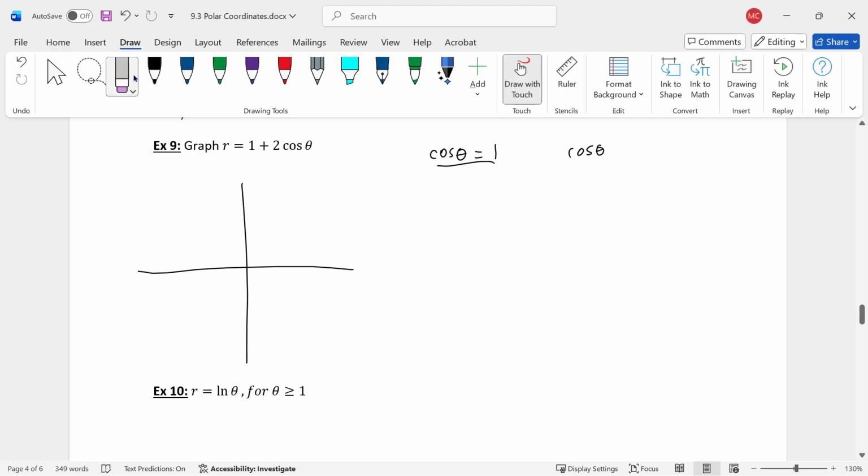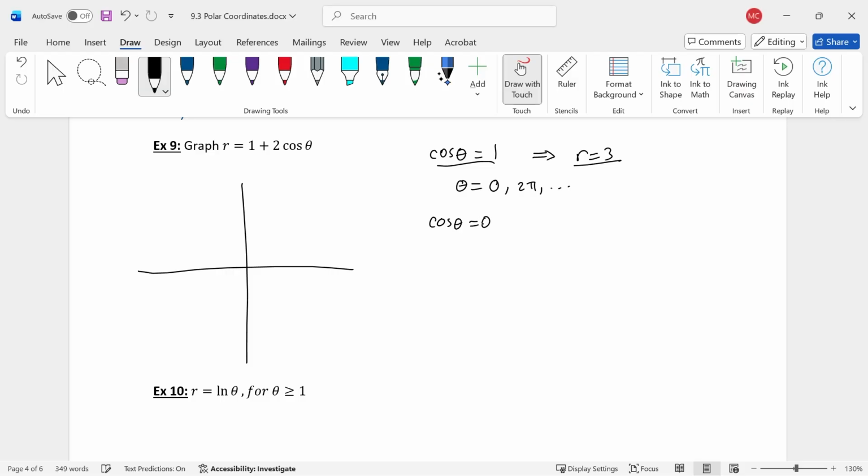Let me write that a different way. Cosine of theta is 1, but what does that tell me about r? Well, if cosine of theta is 1, then r is 1 plus 2 times 1, which is 3. So when does that happen? That happens at theta equals 0 and 2 pi. And since the period of cosine is 2 pi, I can just stop there.